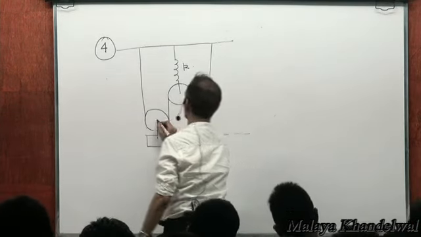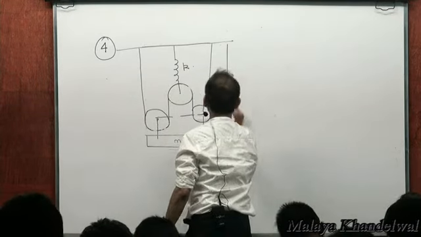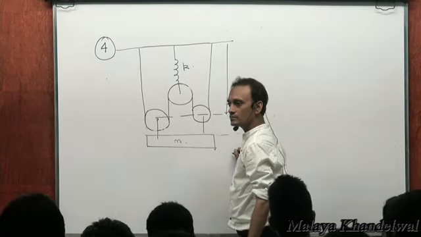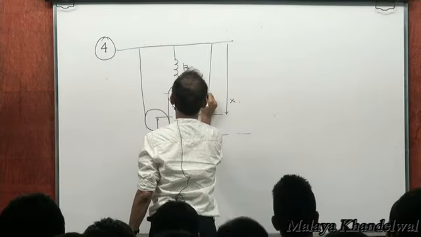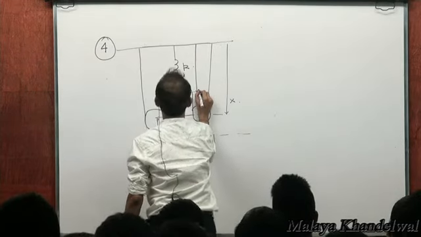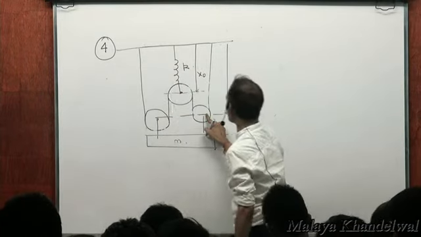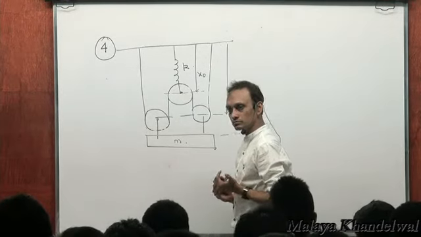Say the position of the pulleys is given by, say, x, and the center of this pulley is given by an amount, say, x naught. The centers of these two pulleys are given by x, the center of this pulley is given by x naught. Okay.